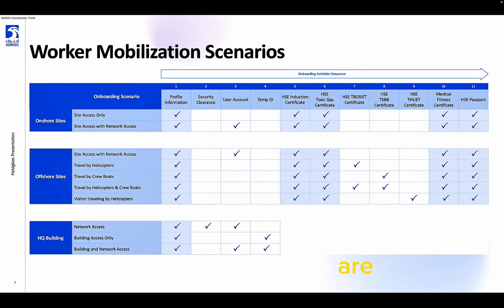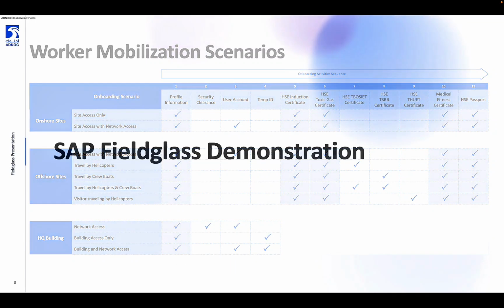Where contractors are accessing our HQ sites at ADNOC or even working remotely, with the need for network access, these onboarding steps and scenarios will take you through the actions that you will need to undertake. These scenarios are pre-built in the Fieldglass application. So once you have selected the relevant and correct scenario for your contractors, the system will guide you through the rest of the steps that you need to complete.